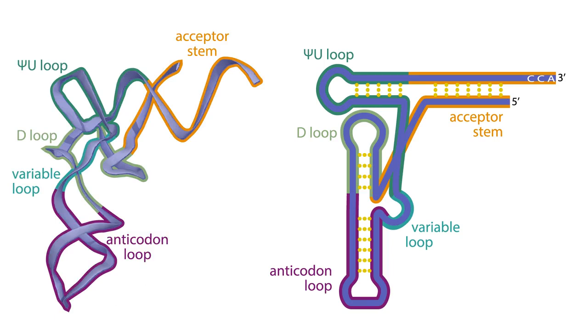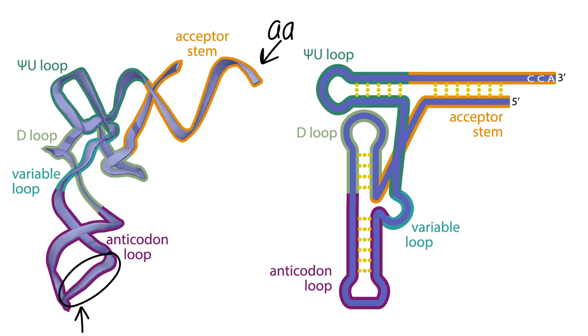The crystal structure of many tRNAs has been solved at this point, and this is what they look like. You can see a helical region here and a helical region here. The main thing I want to point out is how the anticodon loop, including the anticodon here, is quite far away, in fact on the opposite end of the molecule from the acceptor end where the amino acids are going to be coupled.